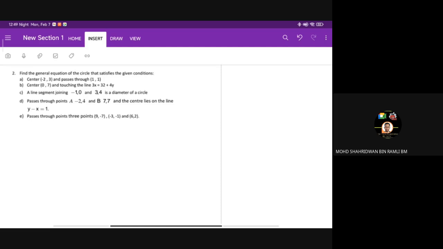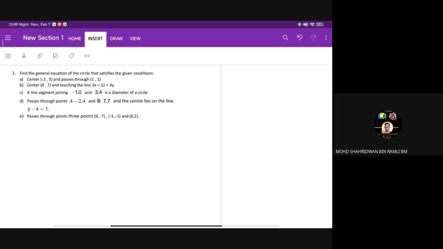It depends on the condition being given by the question. For example, part A gives you the center and a point that it passes through, and another gives a center touching a line, and so on. So we will discuss this matter.